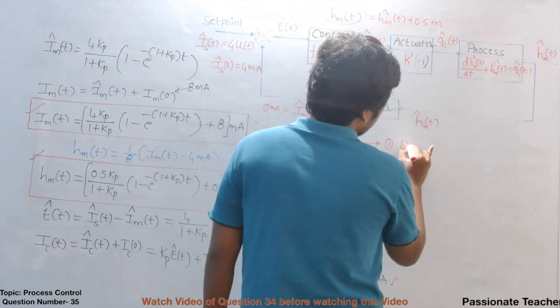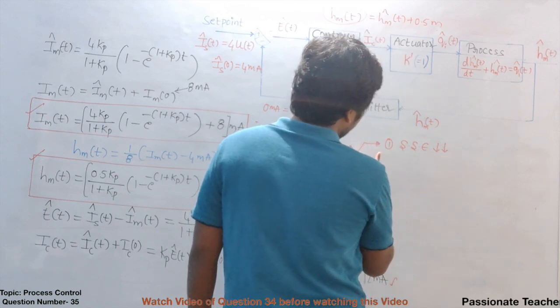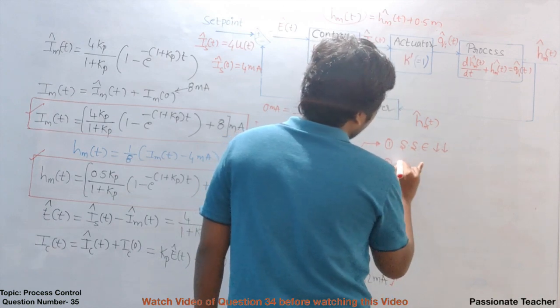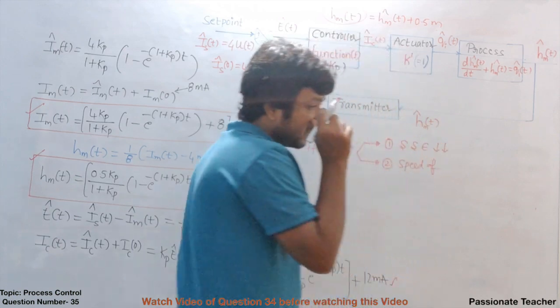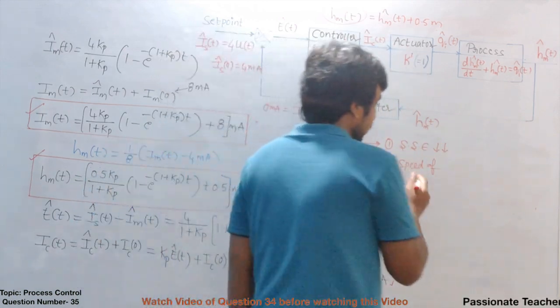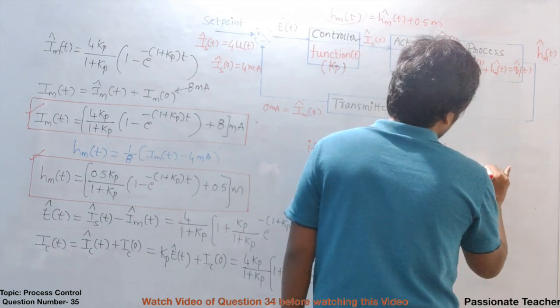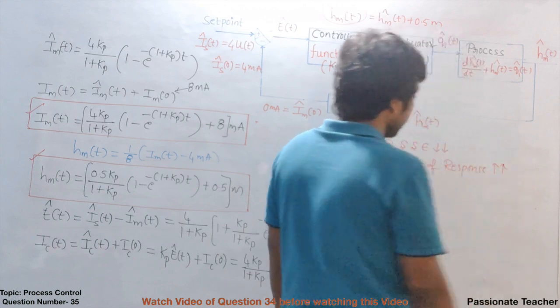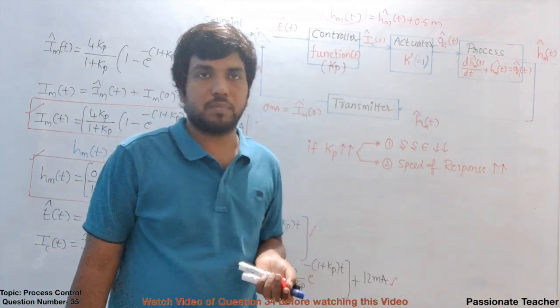One is steady state error is decreasing. The second one is speed of response is increasing. That means we will be able to reach the set point very quickly, according to the meaning of speed of response. Clear? So obviously these two are the fundamental requirements of any control system or any controller.